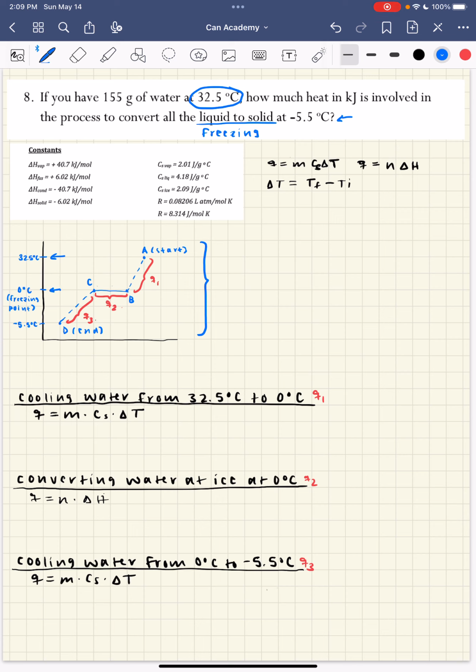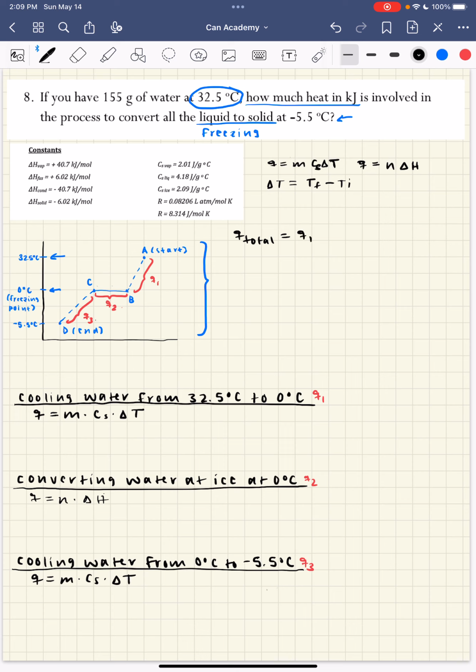And this needs to happen because there's going to be a whole segment of heat that is generated during this process itself where the temperature is remaining constant at 0 degrees Celsius. So essentially, the way that we can understand how much total heat is generated is that the Q total, which is heat, is going to be equal to the first segment when it's first cooled from 32.5 to 0.